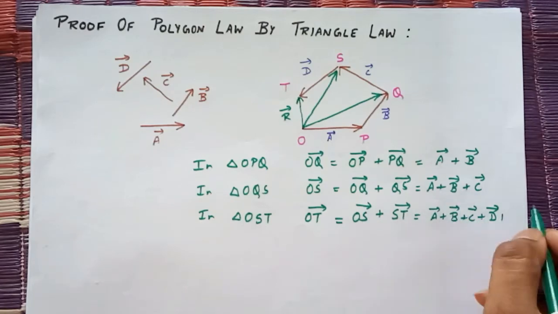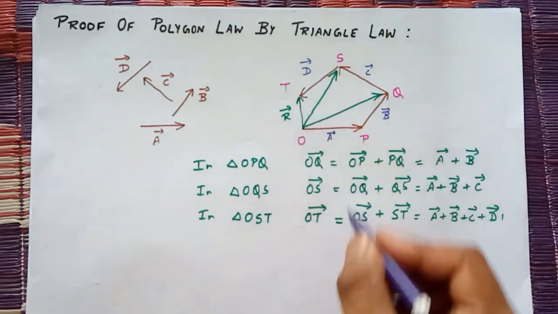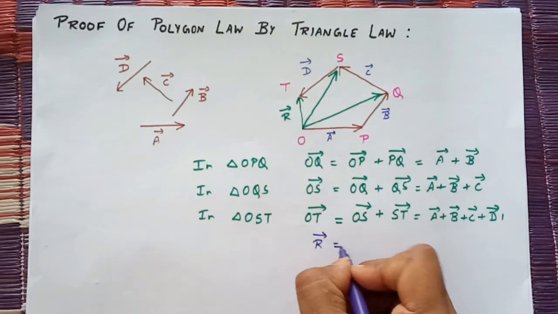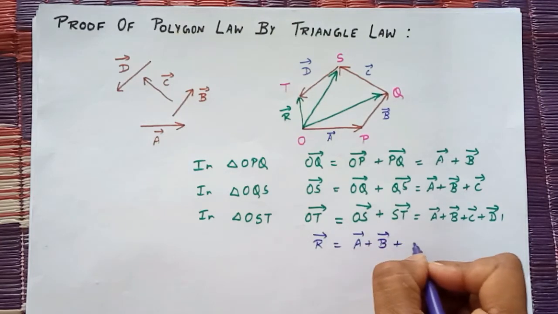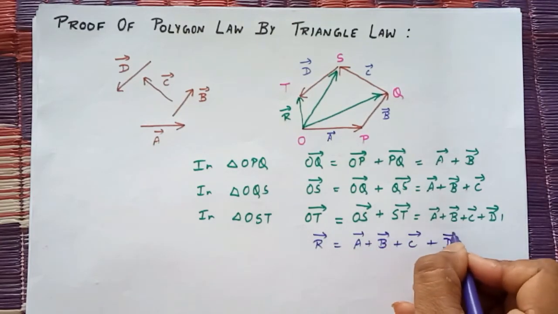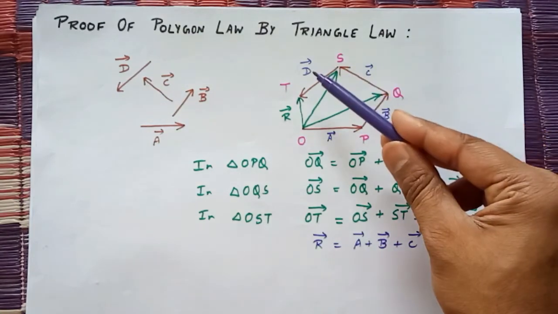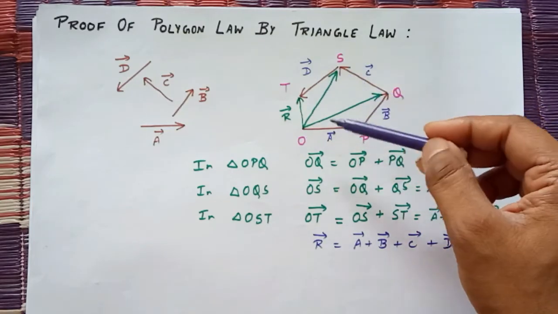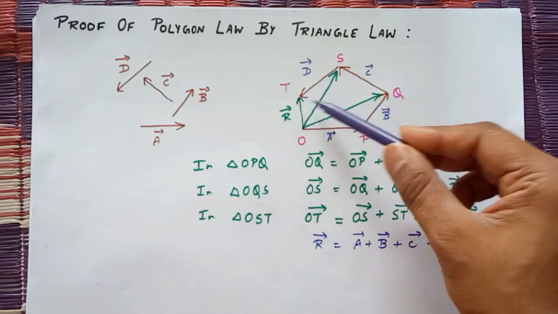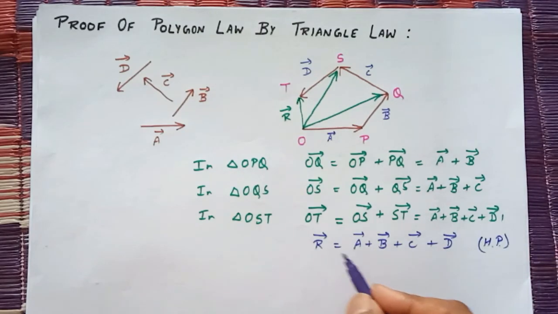So what is OT? OT is R vector, and this one is A vector plus B vector plus C vector plus D vector. And by polygon law, it is also said that if we sum the sides of the polygon taken in order, then their resultant vector will be the closing side in the opposite direction. So R vector is equal to A vector plus B vector plus C vector plus D vector.